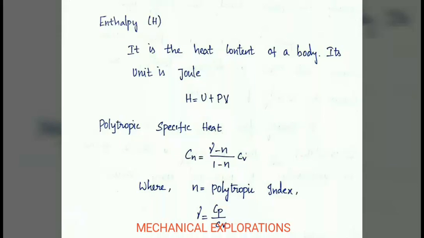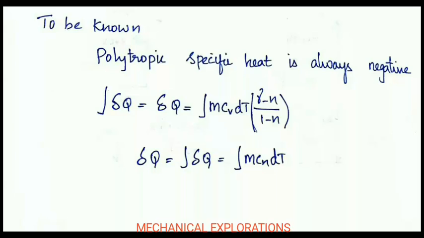What is enthalpy? It's the measure of heat content in a body, which we discussed in the previous videos, and it has a unit of joule. It is given as H equals U plus PV. Coming to polytropic specific heat, Cn is the notation: Cn equals Cv into (mu minus n) divided by (1 minus n), where n is termed the polytropic index and mu equals Cp divided by Cv.